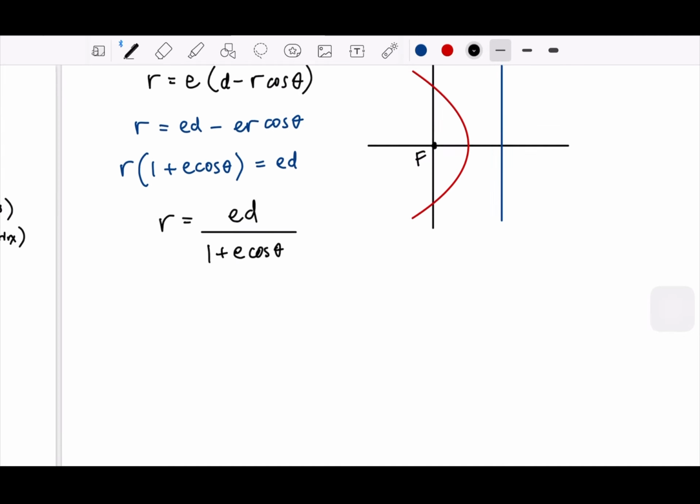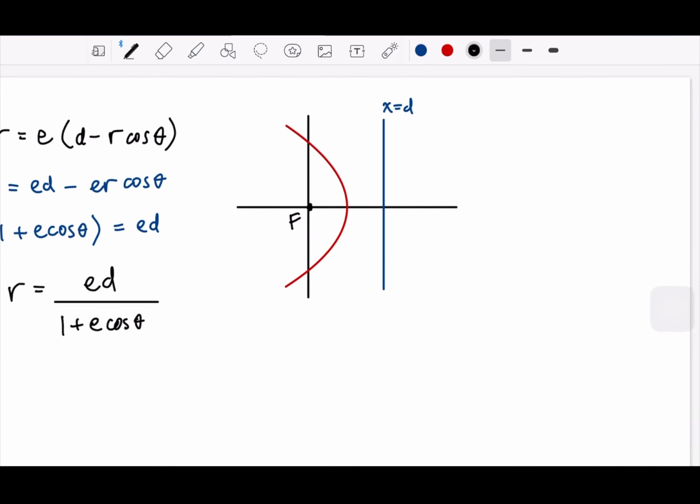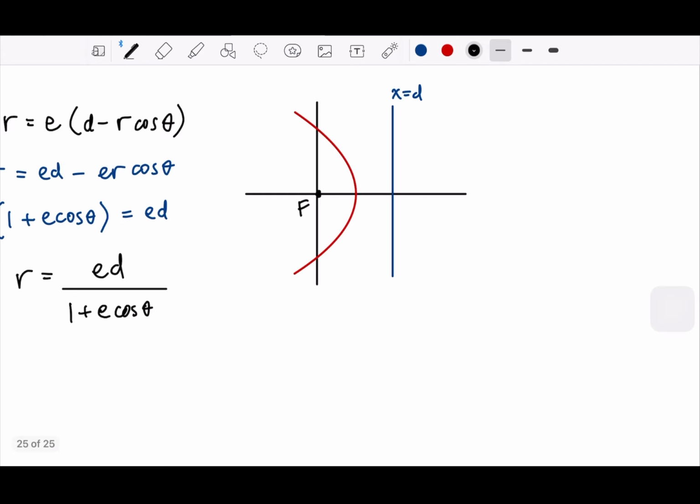Okay, now what's the difference if we put the directrix on the left side?